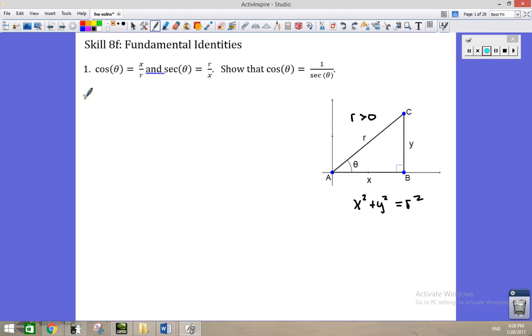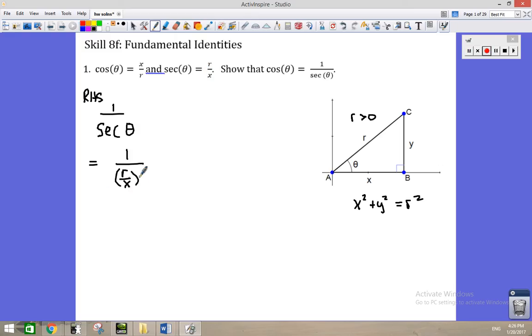So if I start with the right-hand side, 1 over the secant of theta, I'm trying to illustrate that it's going to equal the cosine of theta. So what do I know about secant theta? I know the definition of secant theta: everywhere I see secant theta, I can replace it with this ratio r divided by x.